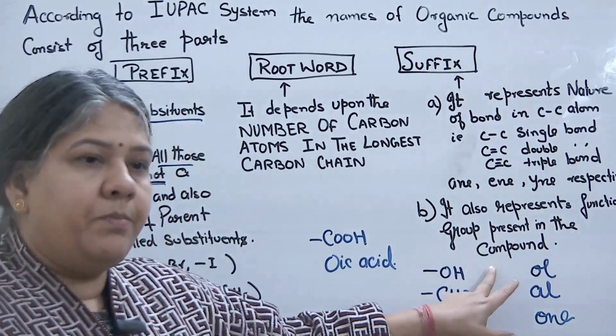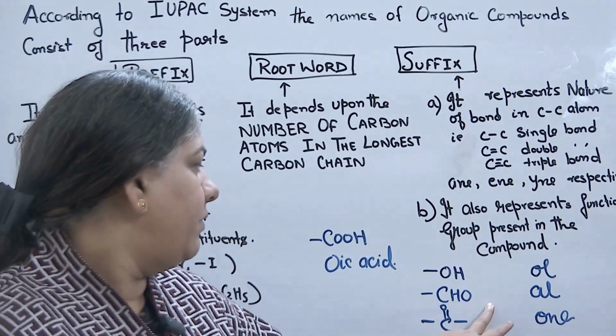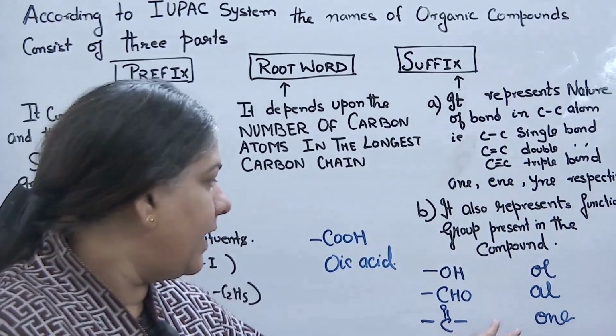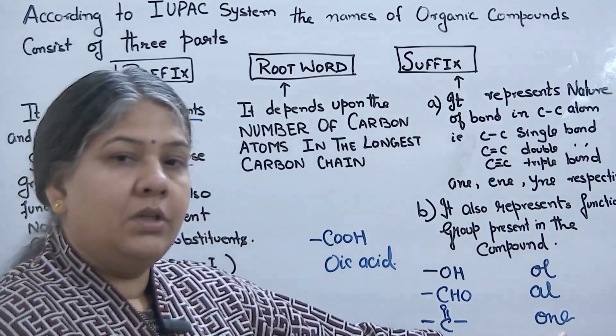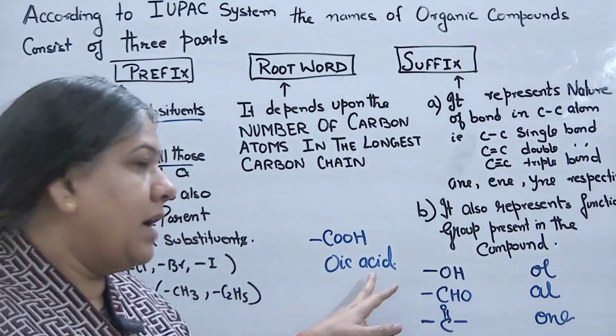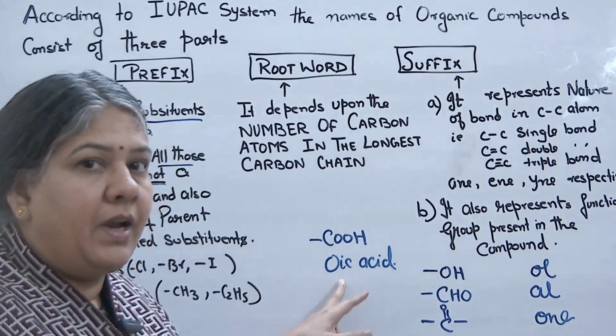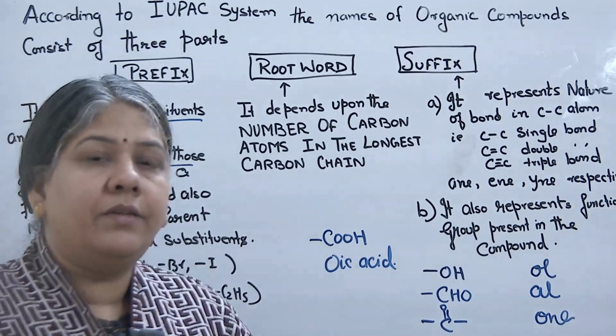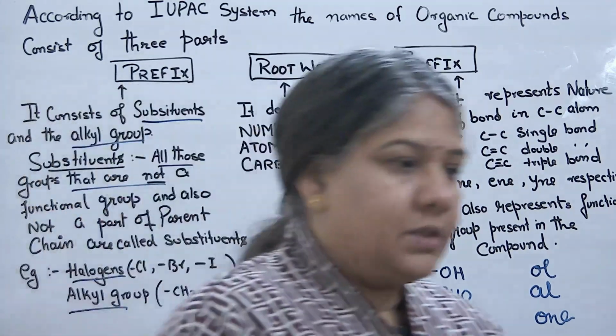If alcohol is present, it will end with "-ol". For aldehyde, "-al". For ketones, the suffix will be "-one", and for carboxylic acid, the suffix will have the word "-oic acid". Now let's take up various examples.